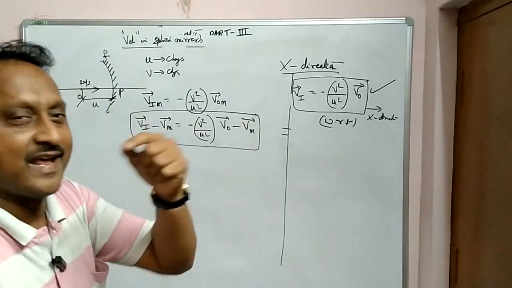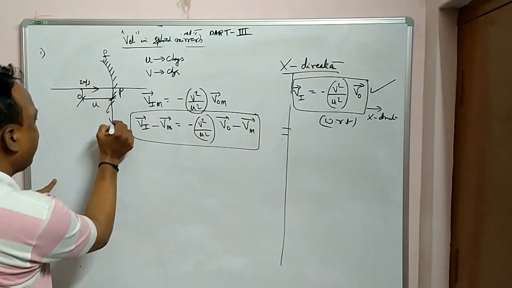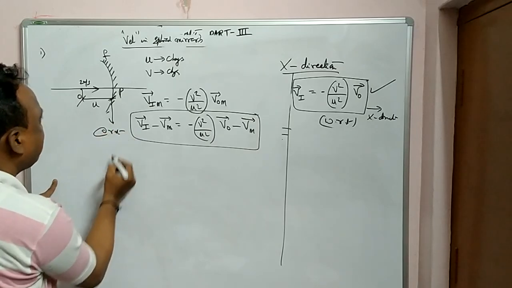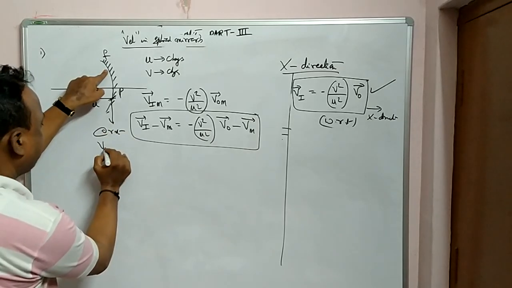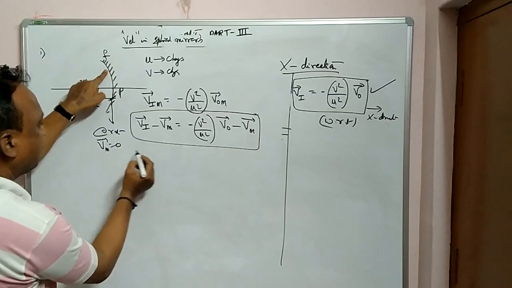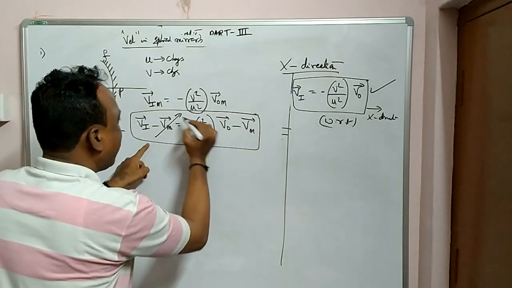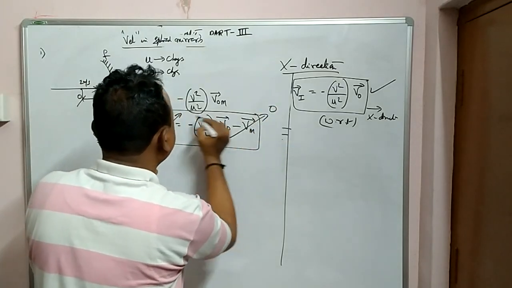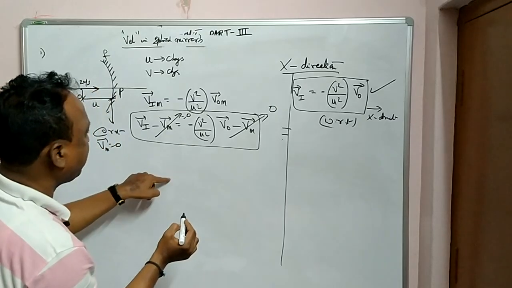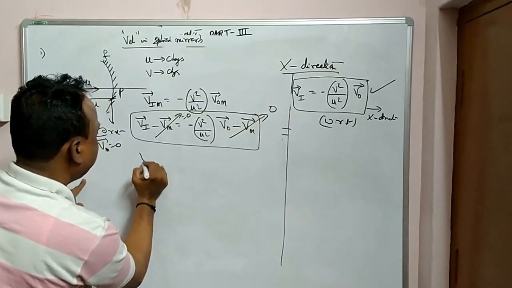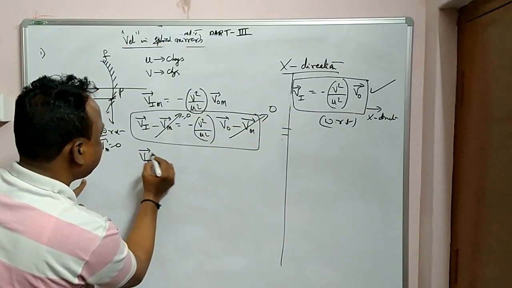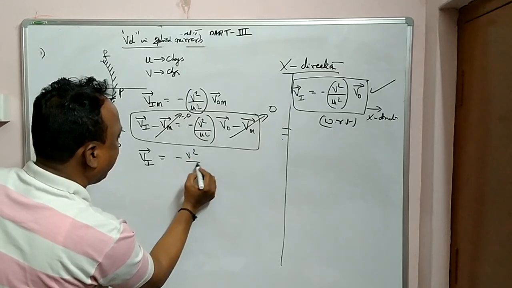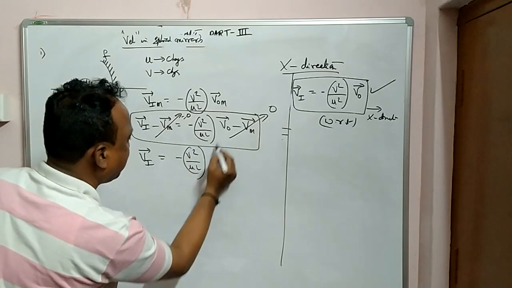If the mirror is at rest, then what happens to the mirror velocity? 0. Then what happens? This value goes 0. 0 అయిపోతుంది, అప్పుడు ఆ ఫార్ములా మిగిలింది ఏంటి? అది మిగులుతుంది. So velocity of the image in x direction is equal to minus v square by u square into velocity of the object.